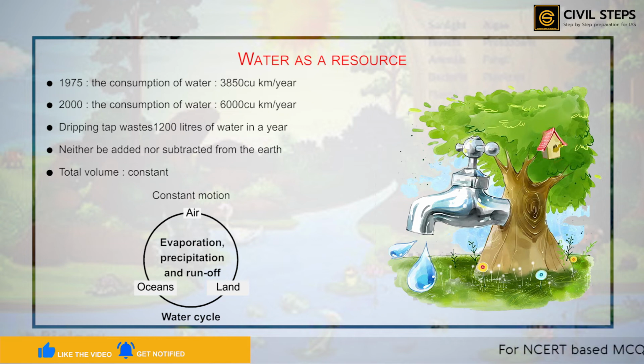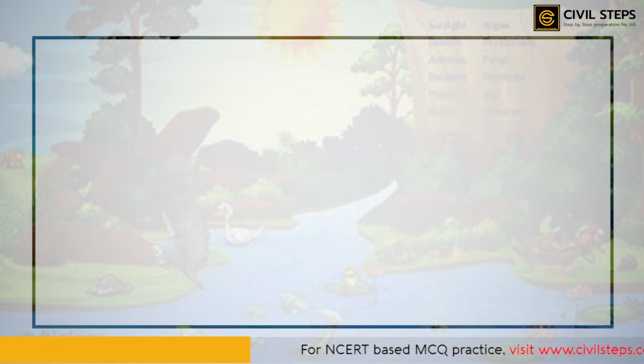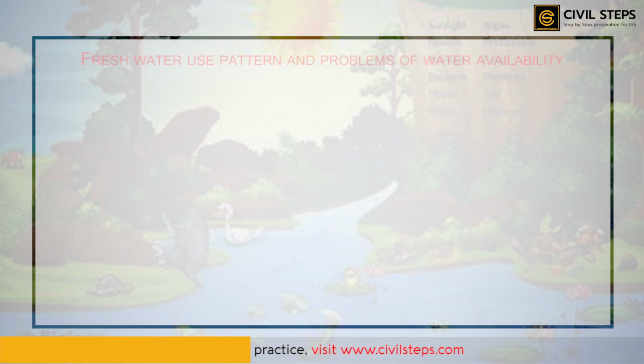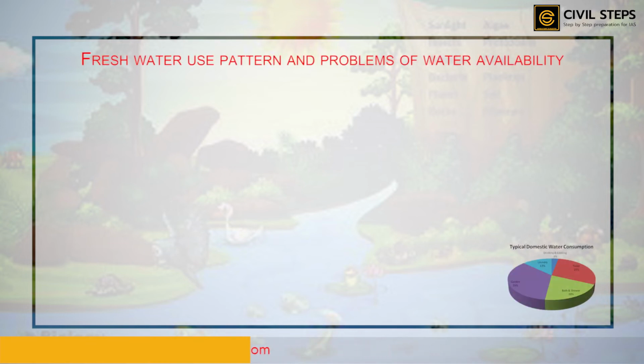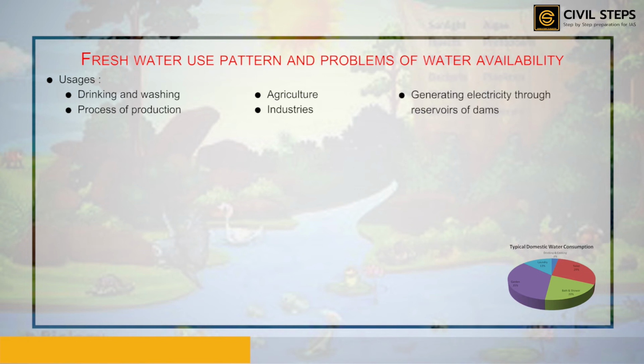Now, after we know about the fresh water, let us talk about the freshwater use pattern and the problems that are there for the availability of water. Humans use huge amounts of water not only for drinking and washing but also in the process of production. Water for agriculture, industries, and generating electricity through reservoirs of dams are other usages.